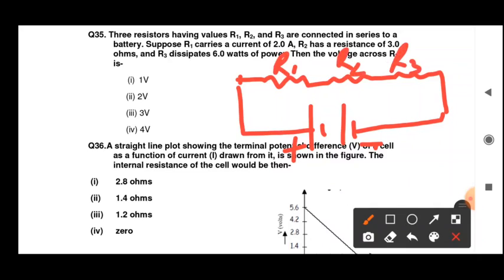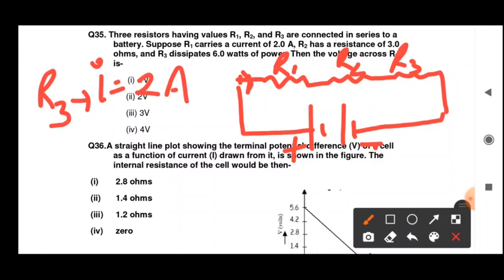Here it is given that R1 carries a current of 2 ampere. As you know, in a series combination all the resistors carry the same current, so R1, R2 and R3 all have 2 ampere current. So R3 has current I equal to 2 ampere.